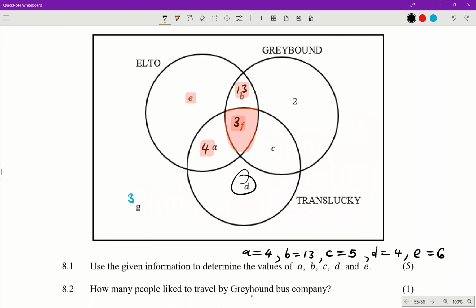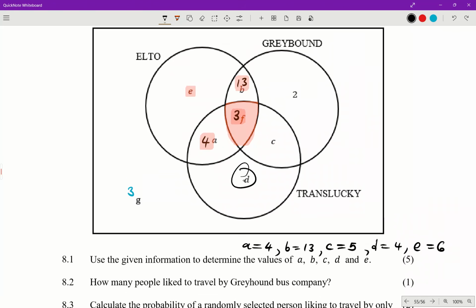These people, you see that they're putting an H there. But it's fine, guys. You don't have to worry about that, because you know what's happening there. How many people like to travel by Greyhound bus company?